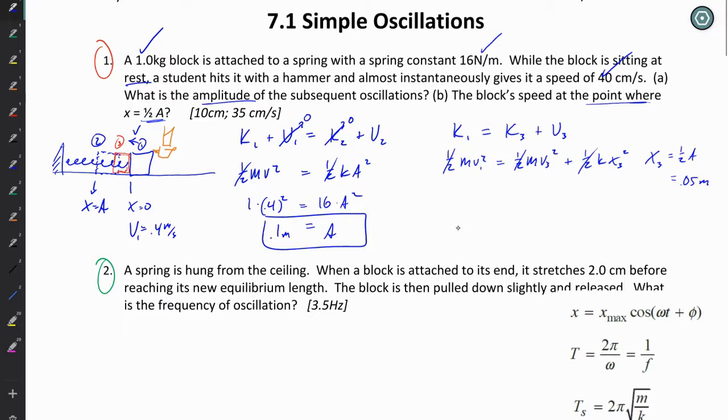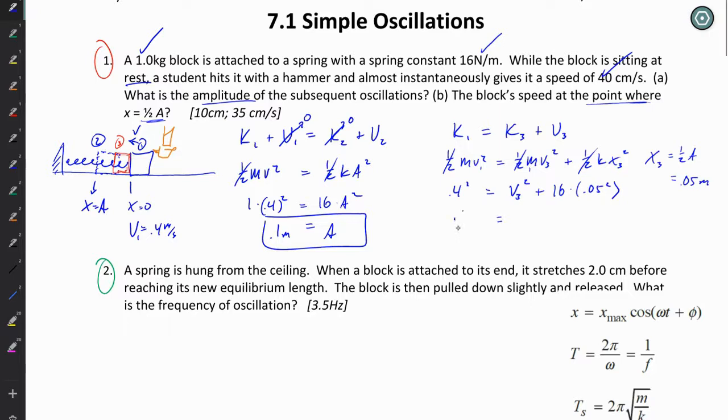Mass is 1, so we have 1 times 0.4 squared equals 1 times v3 squared, which is what we're interested in, plus k, which is 16, times x, which is 0.05 squared.